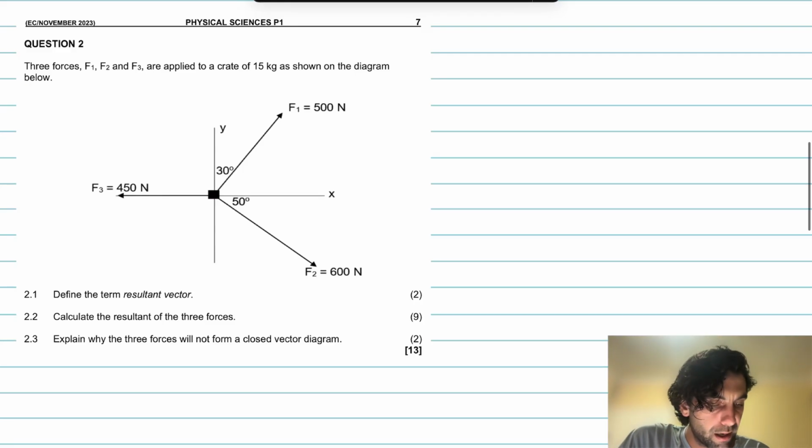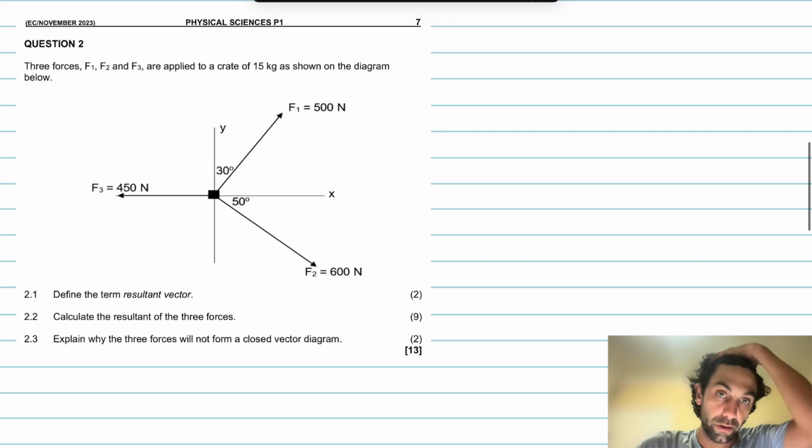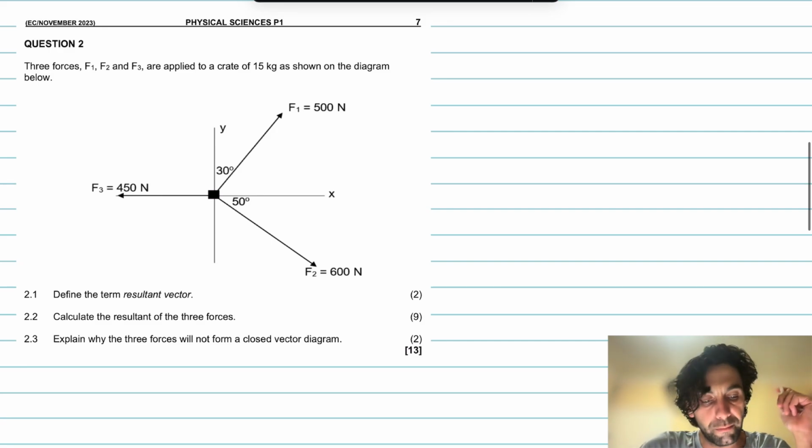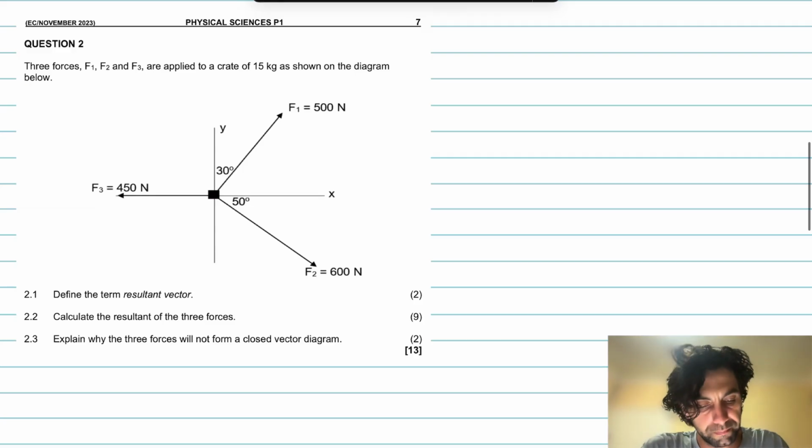We also have our x-axis over here. Let me just extend that, and this one is acting at 50 degrees from the x-axis. So that's going to play an important role in choosing which trig function to use when you are breaking these forces up into their vertical and horizontal components.